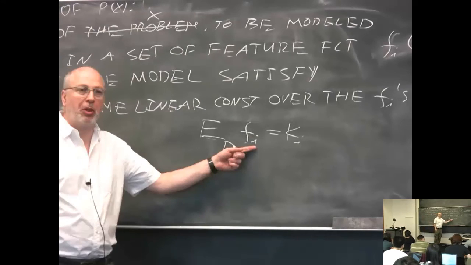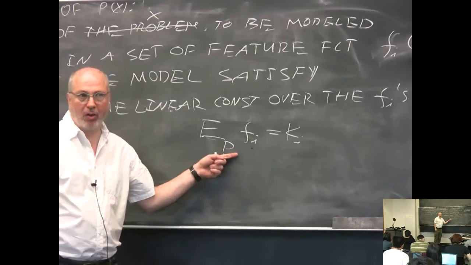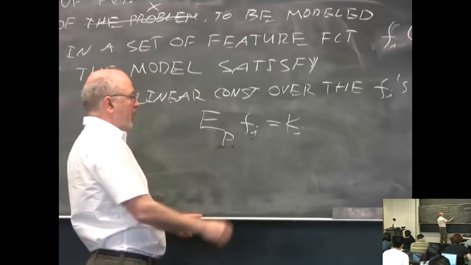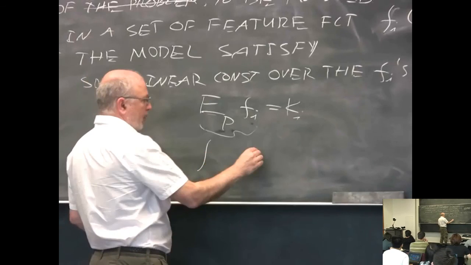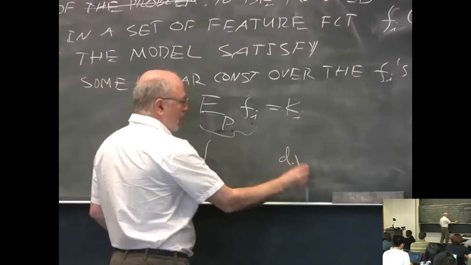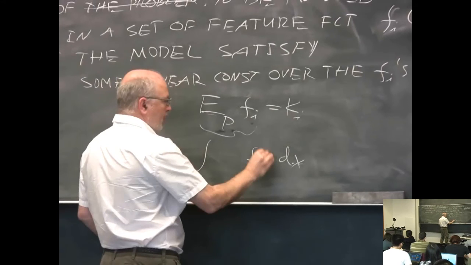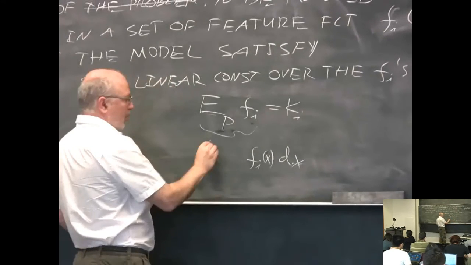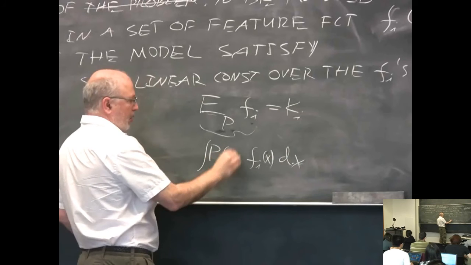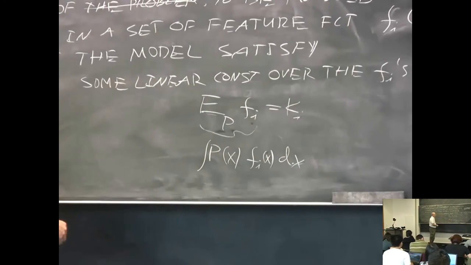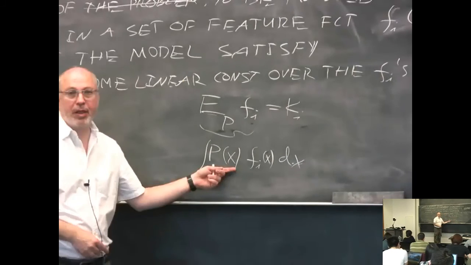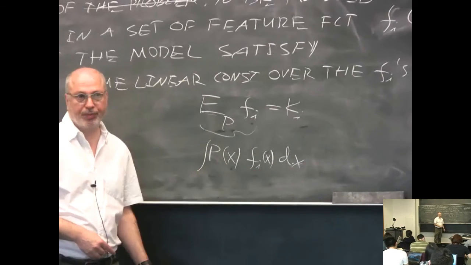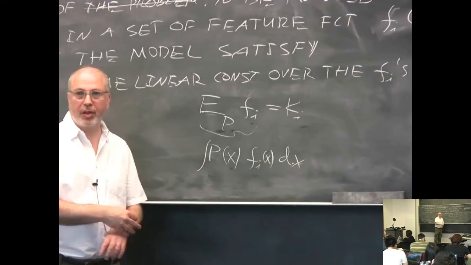Expectation according to the model means a sum or integral over all possible values of x. This means integral, say, over dx of fi of x weighted by the probability that the model assigns to x. And this is some number. Or if x is discrete, it will be a sum. So set conditions on the expectations of the features.